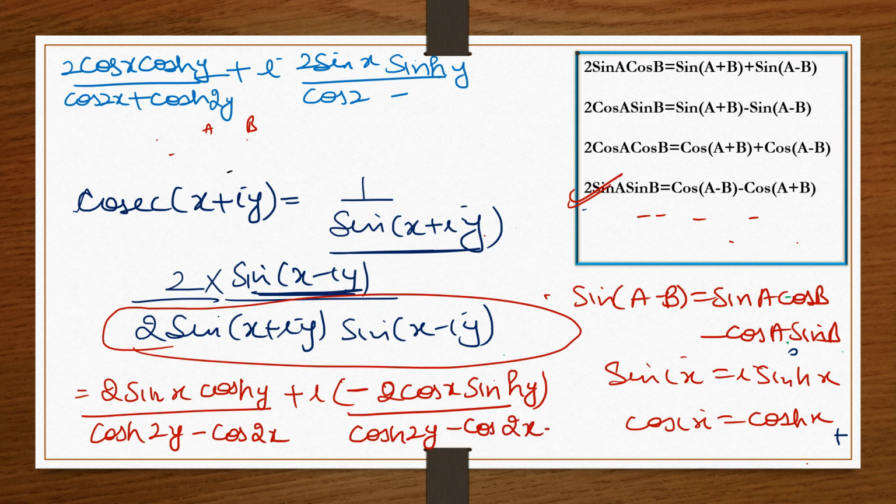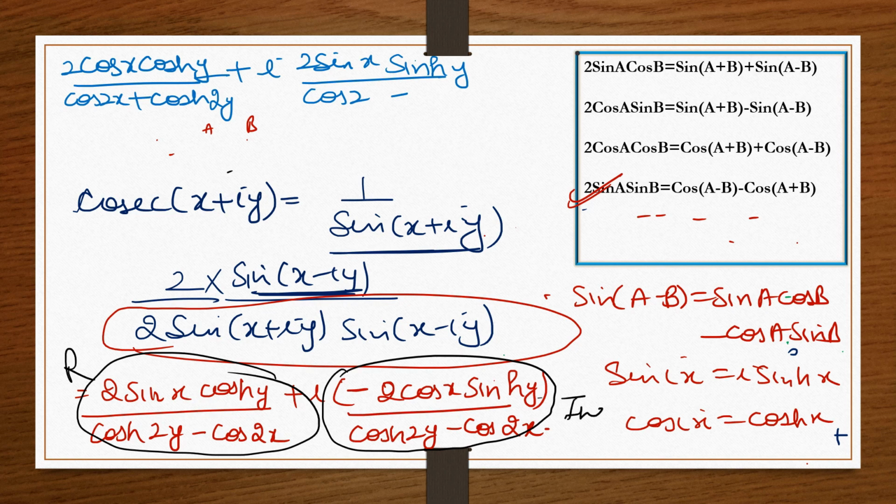Okay, so this is what you will get after doing this. Fine. So now next, class, this is your real part, and this is the imaginary part of cosec x plus iota y. And with this we are done with all the circular functions.